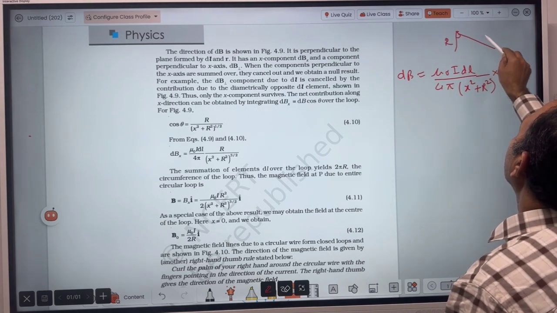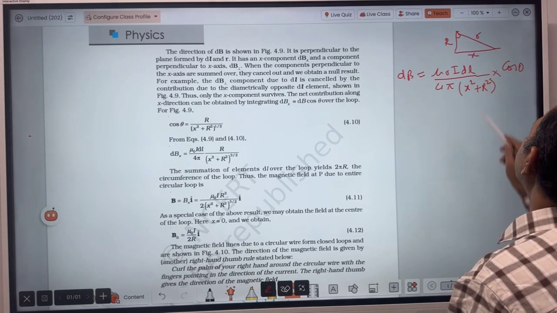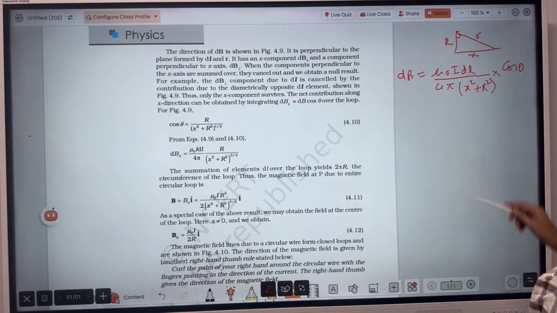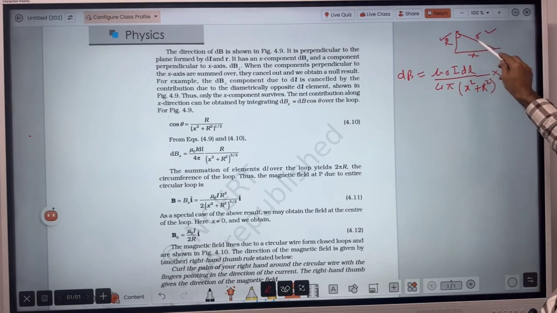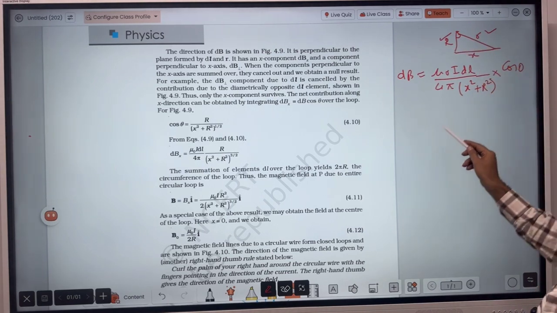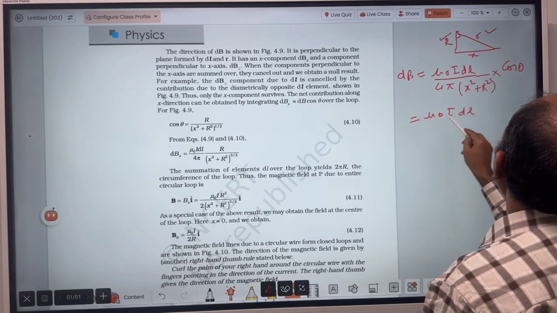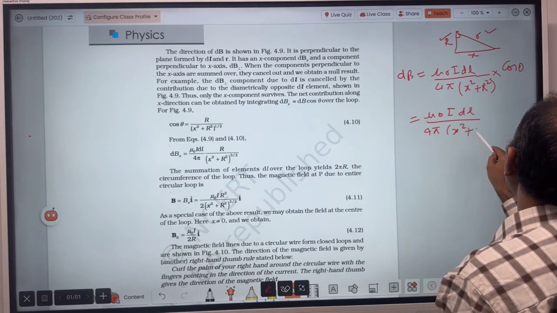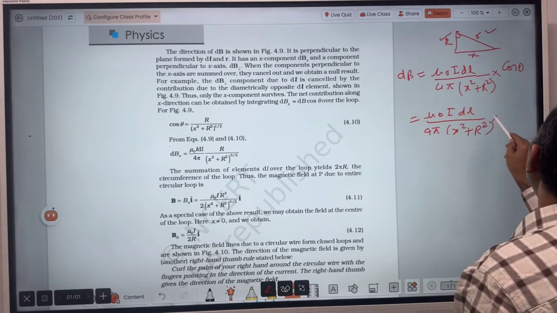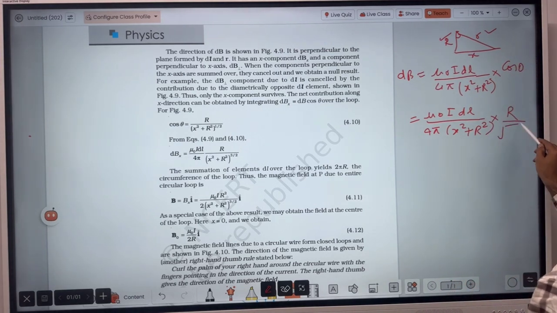This will be R, this will be small r, and this will be x. So cos theta will be based upon the hypotenuse: capital R upon small r we can write. So mu naught I dl divided by 4 pi times x square plus capital R square, into R upon the square root of x square plus R square.